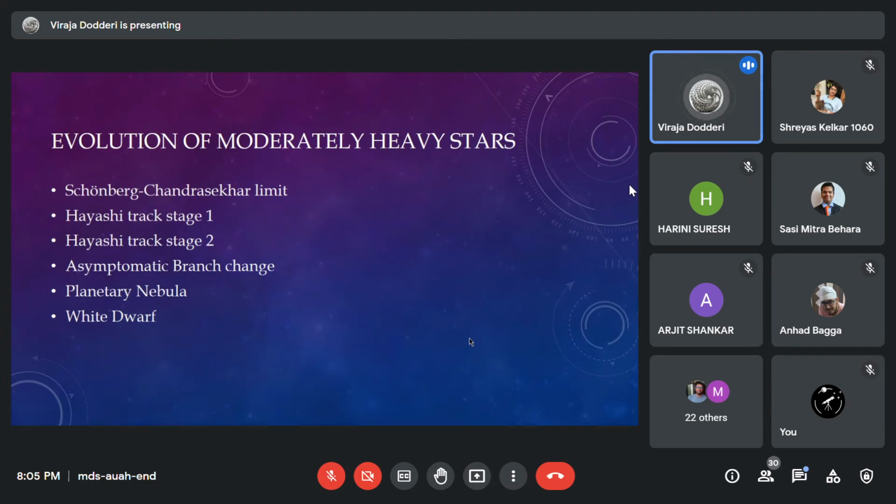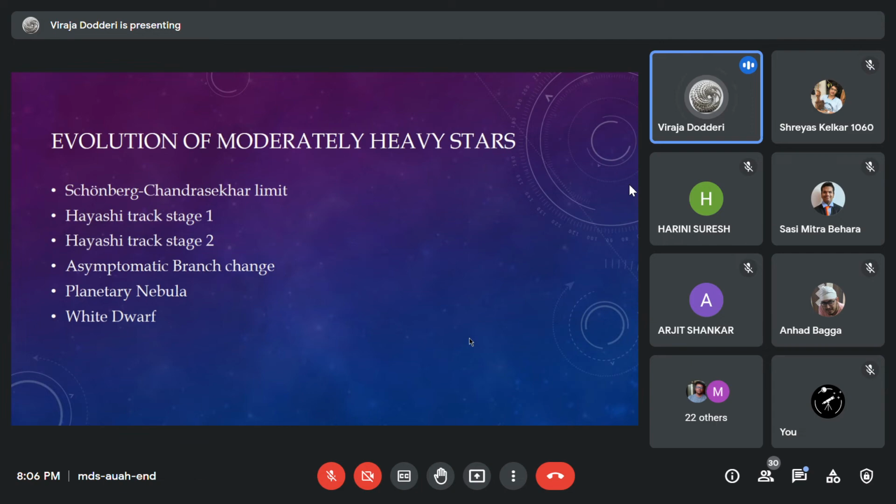and this helium is now converted into carbon and oxygen. This carbon and oxygen increase the mean molecular weight of the core again. So once the helium is exhausted in the core, it goes through the same crisis as it did with the hydrogen. There is just enough temperature for the helium shell now to burn, and when the helium shell burns, it has to supply enough energy for carbon and oxygen.